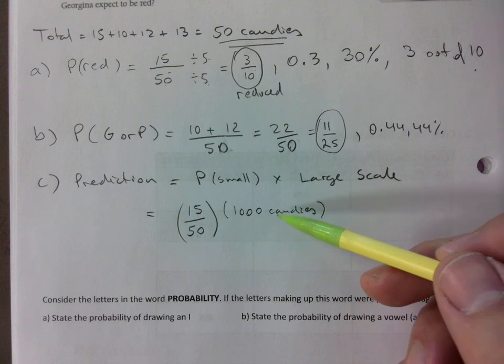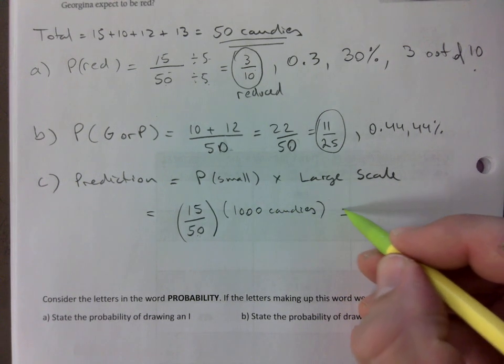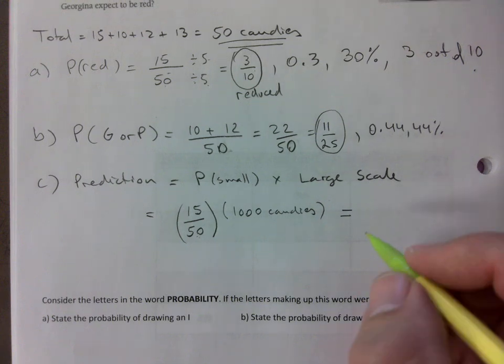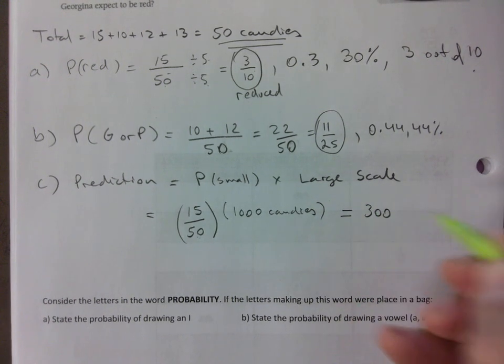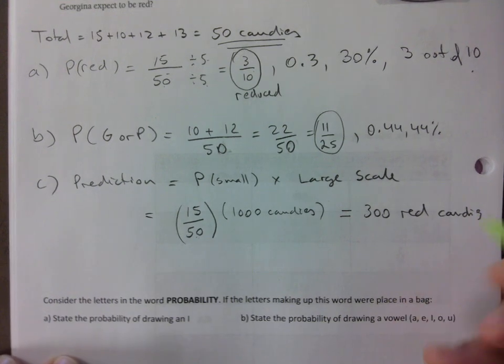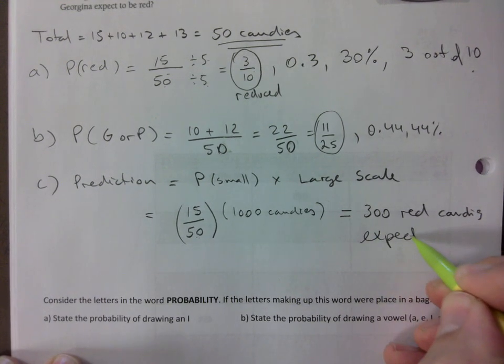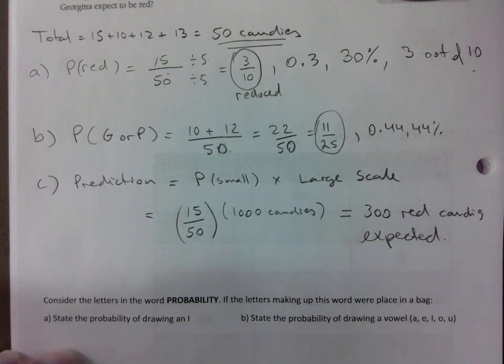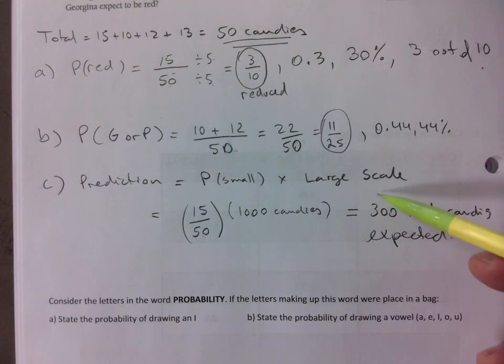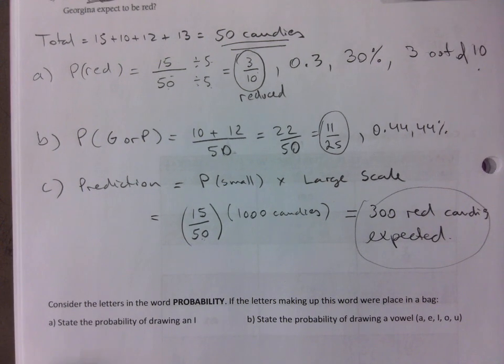What about in 1,000, right? You multiply that. That gives you 300, correct? 300 red candies expected. We're making a prediction, right? So this is your final answer there.